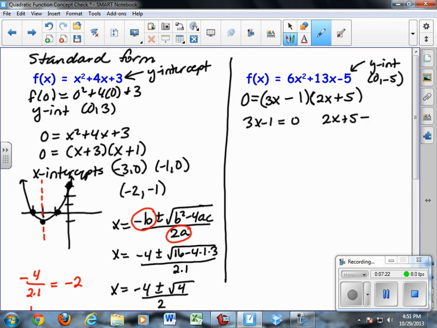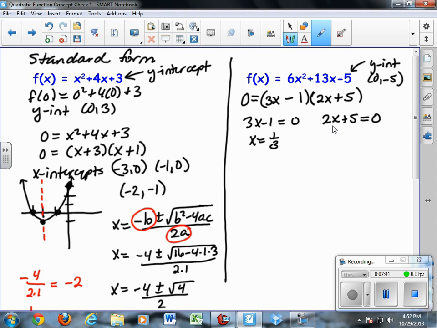Now, you can solve for x in each of these, but I just want you to think. If 3x minus 1 has to equal 0, that means 3x has to equal positive 1, which means x has to equal 1/3. If 2x plus 5 has to equal 0, that means 2x has to equal negative 5.